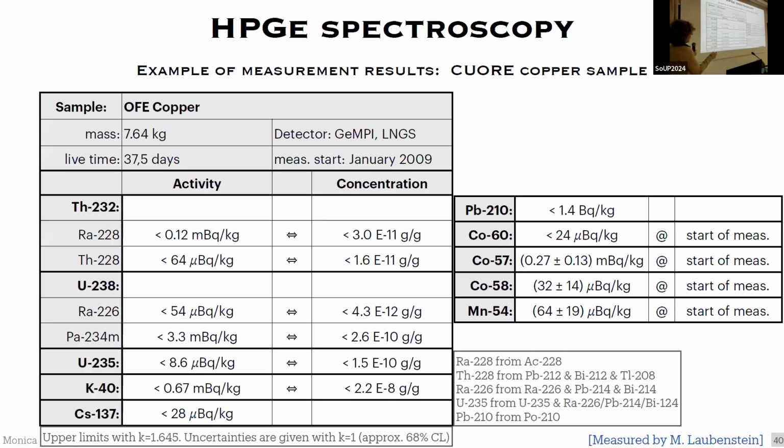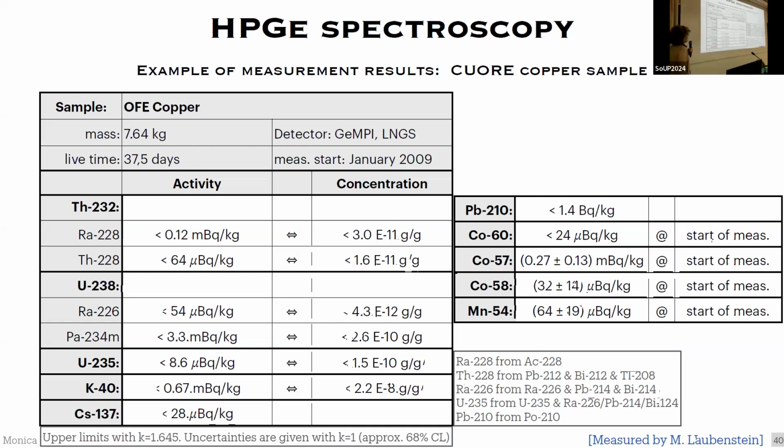This is another example from the CUORE experiment. This is the copper. We use in CUORE two types of copper. One is a cryogenic copper, that is not this one. This one works also very well at cryogenic temperatures, but it is for the thermal shielding of the cryostat.